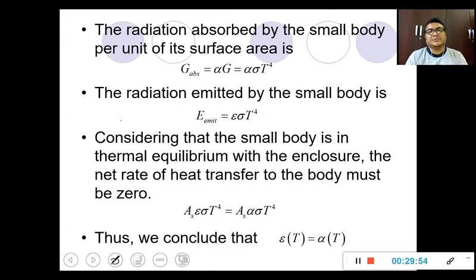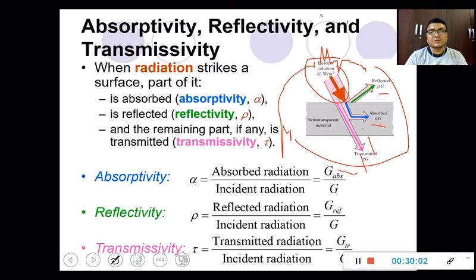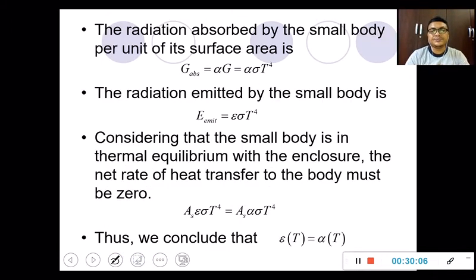The radiation absorbed by the small body per unit of its surface area is the absorptivity times G, equal to alpha sigma T to the power of 4.